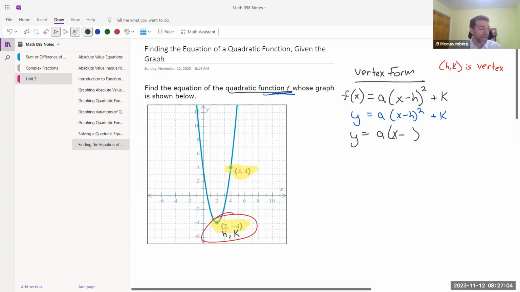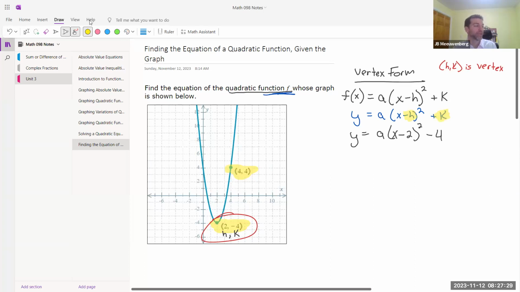So we're going to write x minus 2 quantity squared. And then we're going to put plus k. Well, in this case, the k value is -4. So rather than put plus, we're actually going to change it to minus 4. So all we've done so far is we filled in our h and our k with 2 and -4.